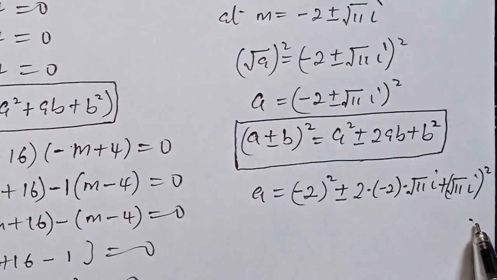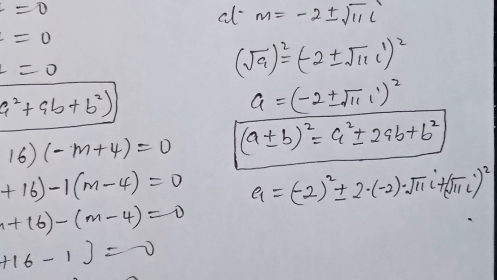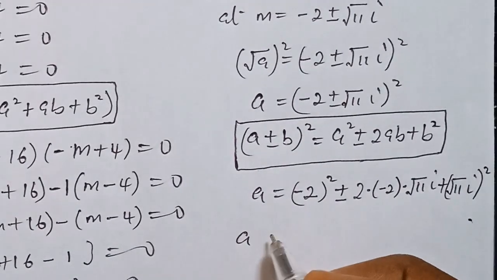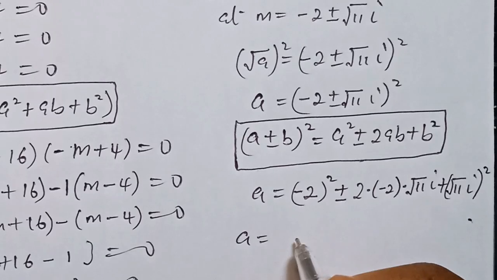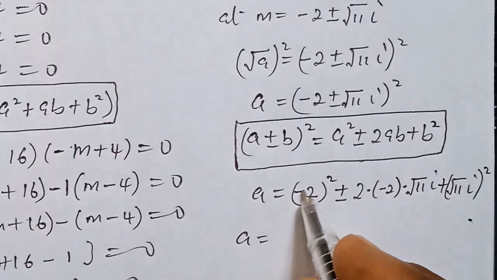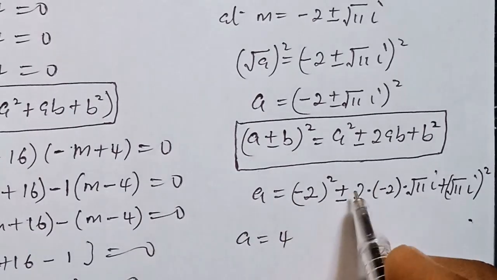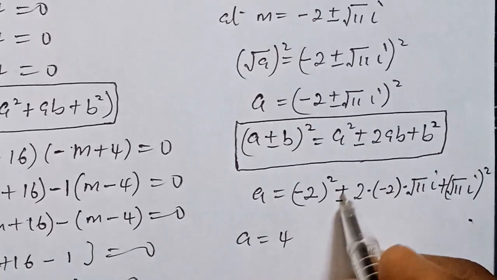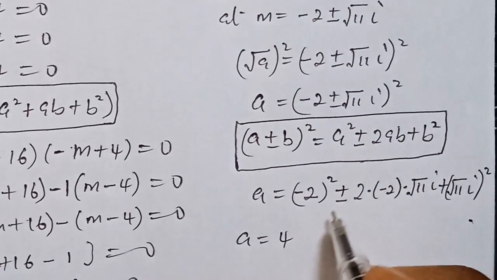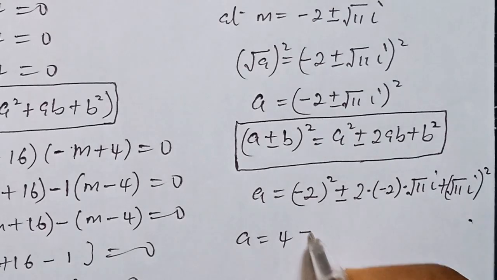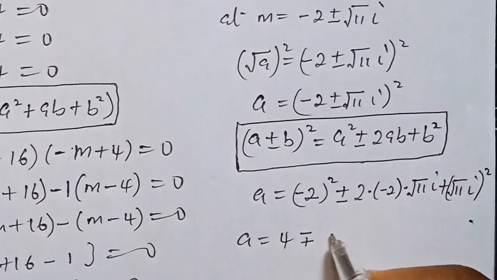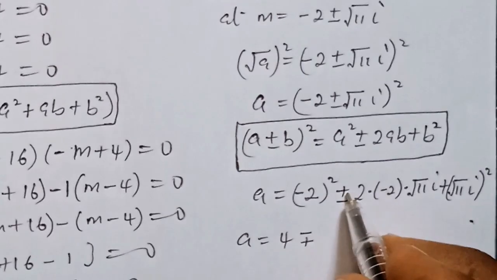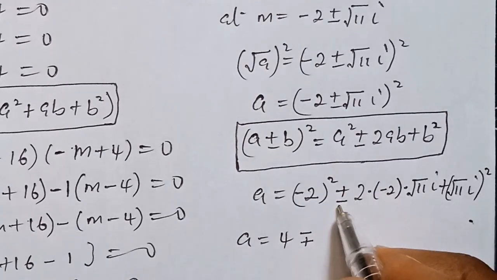This gives us a equal to 4, and the minus comes out and changes the sign to the opposite, so we have ∓. When this minus negates the sign, it changes one to minus and one to plus.